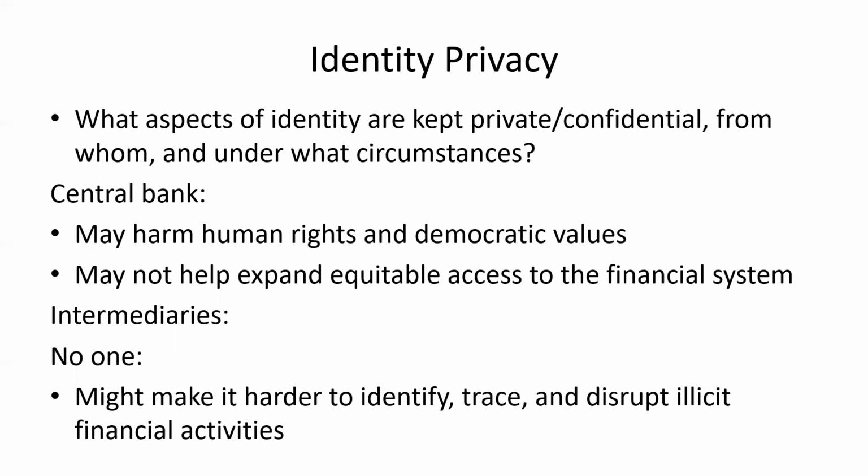Identity, privacy. We want privacy. That's one of the goals of Bitcoin, to provide privacy. If you have a central bank watching everything, you lose a bunch of your privacy. And of course, we're concerned with human rights and democratic values and that sort of stuff. We still want people to be able to spend the digital dollars easily without having to rely on a bank.